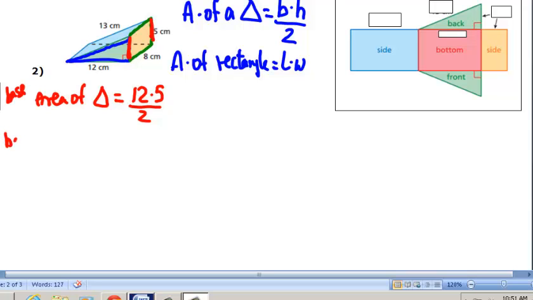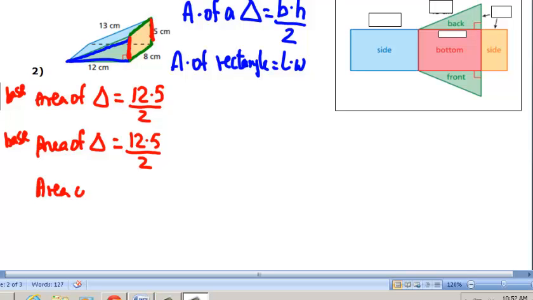So there is another base, and the area of that triangle is also 12 times 5 divided by 2. Area of side becomes 8 times 5, and we are talking about this 8 in the bottom and then that 5, so that gives us that.